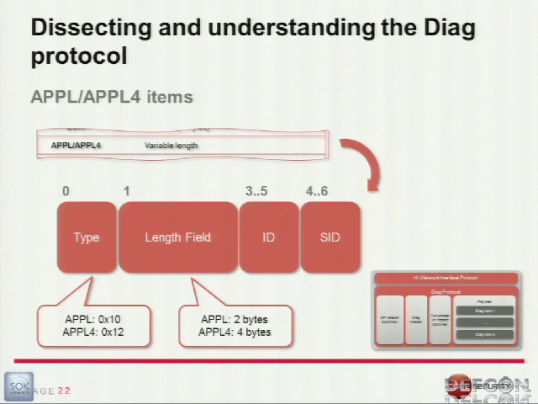During my test, I identified 172 different combinations of IDs and SIDs. So if you look at a Diag packet, you can find several different items and several different APPL items, each one with its own meaning and its own format.